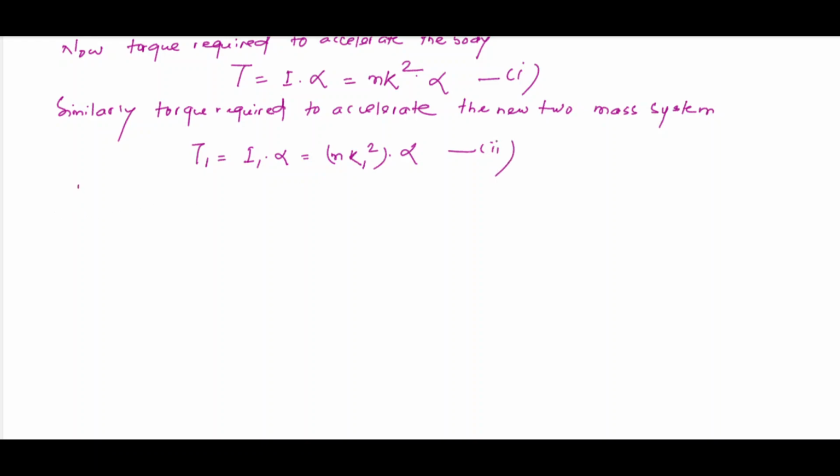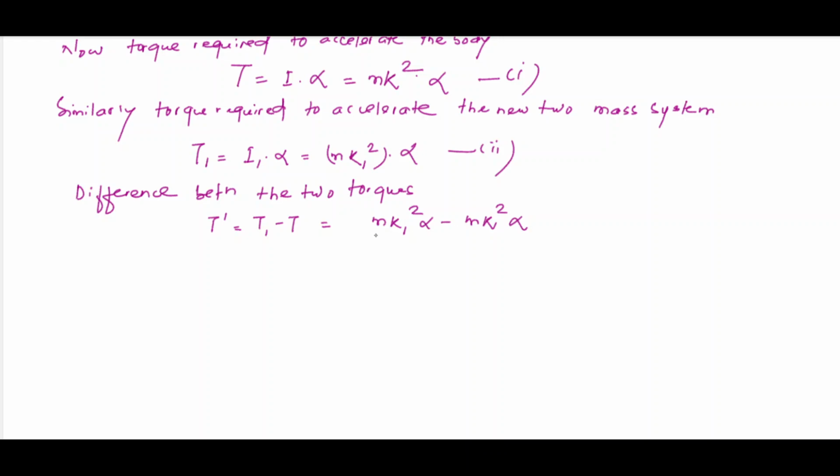Now the difference between the two torques, T dash, is equal to T1 minus T, that is M K1 square alpha minus M K square alpha.